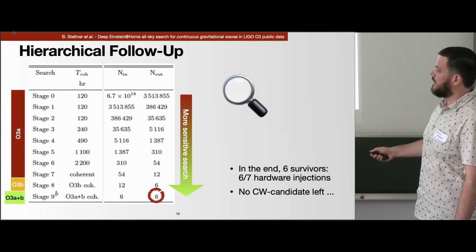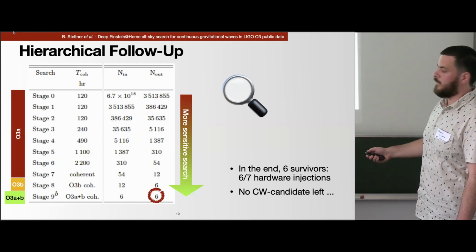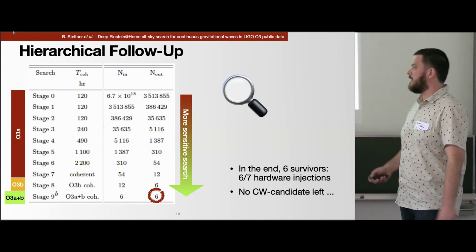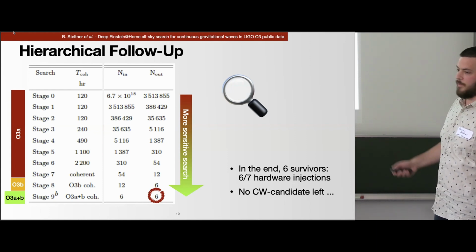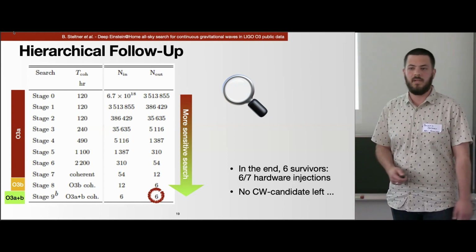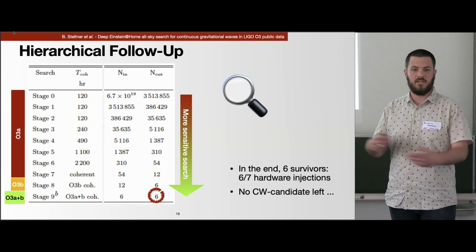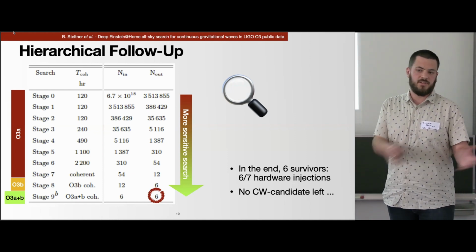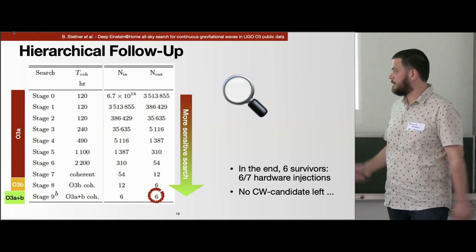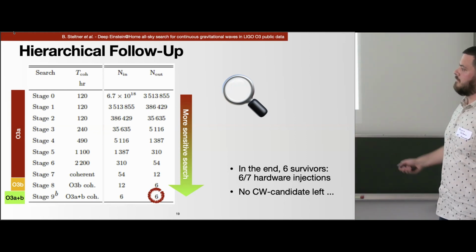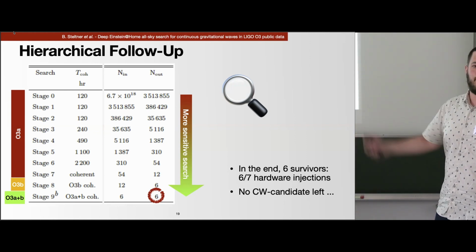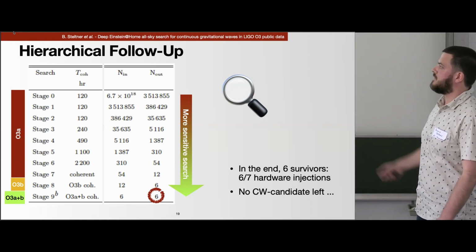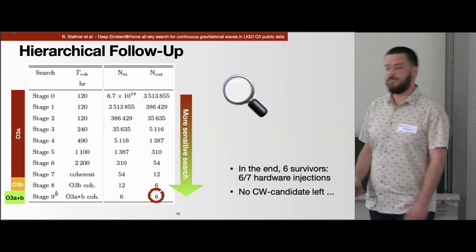At the end of stage 7, where we are fully coherent in the O3A data, so only one segment basically, we then went to O3B, the second half of the O3 run data, which we have not yet touched, which is very great for cross-checking, since if the signal is in O3A, it should also be in O3B. And then we also did the search in O3A plus B combined, because why not? And in the end we had only 6 survivors out of these 3.5 million candidates.